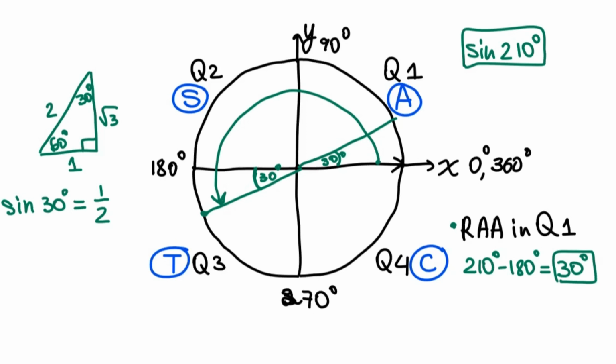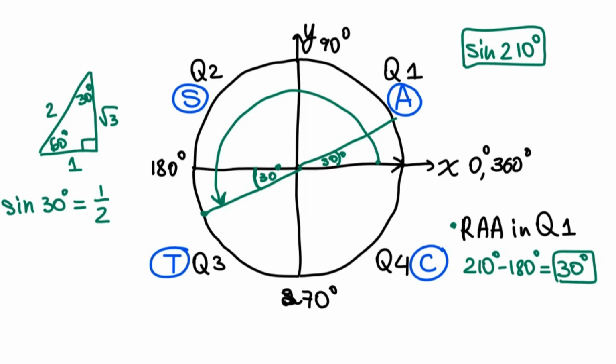Then the value of the sine ratio of 210 degree angle will be the same. The only thing that might be different is the sign of the ratio.